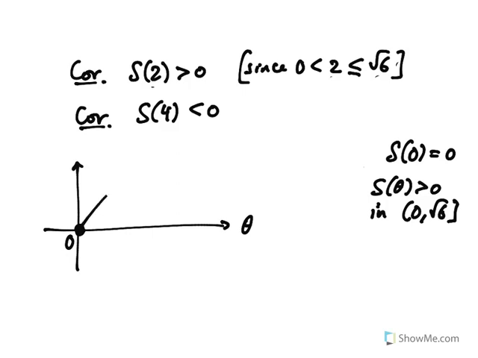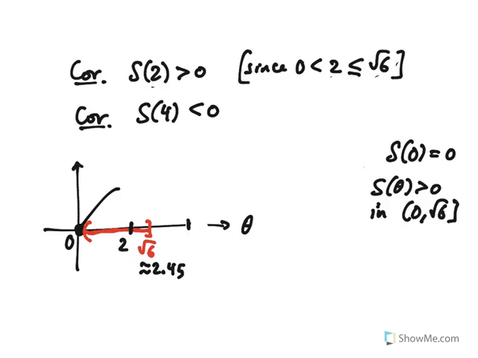So the function starts out positive. We don't know the exact shape of the graph, but we know that it starts out positive in some interval starting at 0, but not including 0, and then going up to at least root 6. We also now know that 2 is somewhere in this interval, root 6 being about 2.45. But 4 is outside this interval.